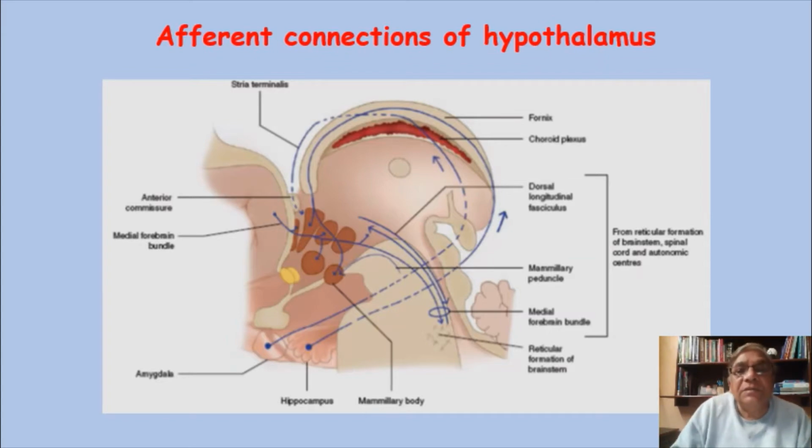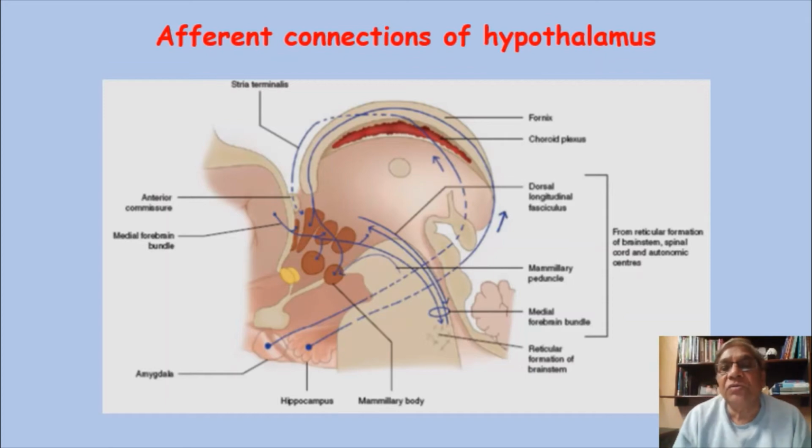You can see here the medial forebrain bundle, which shows both afferent and efferent connections, but here we concentrate on the afferent connections. This is also brought to the lateral zone of the nuclei. There is the medial zone nuclei, and then deep to the anterior column of the fornix and the mammillothalamic tract was the lateral zone, as we learned in the last video.